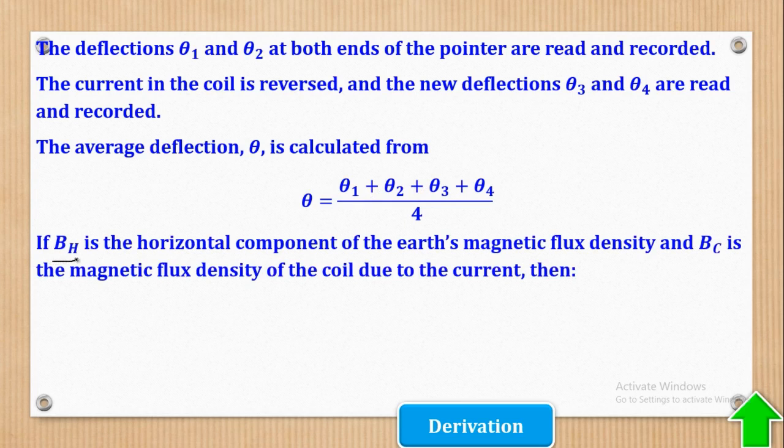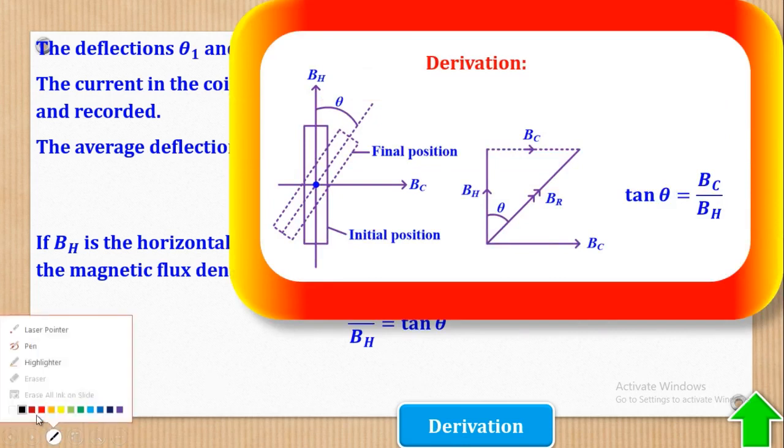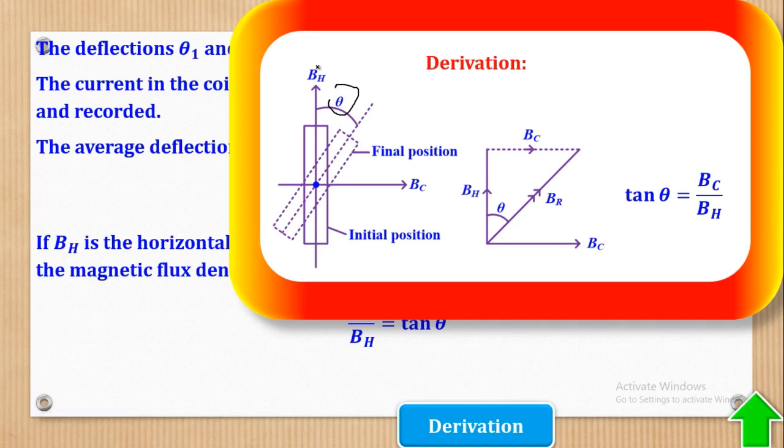So if BH is the horizontal component of the Earth's magnetic flux density and BC is the magnetic flux density of the coil due to the current, it implies that BC over BH is equal to tan theta. So that can be illustrated in this way. So that is our theta, this is BH and this is BC.